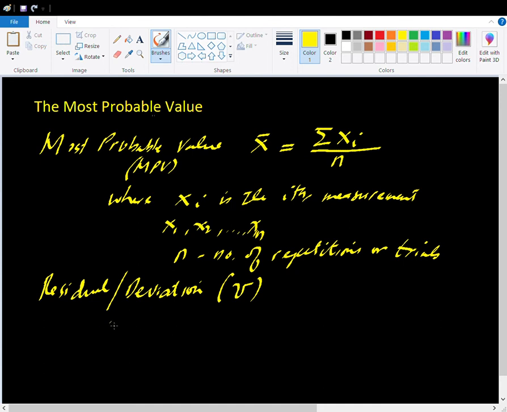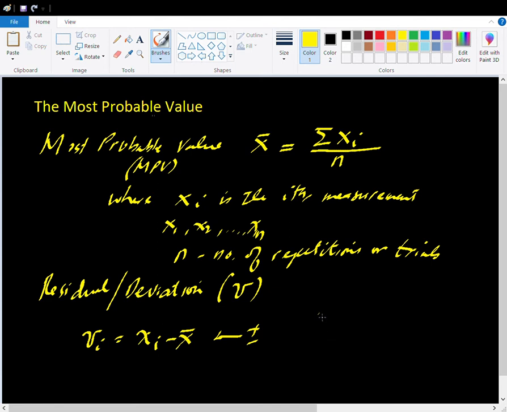So for the ith measurement, the residual is simply the difference between xi and the most probable value. So you will be getting here a value that is either positive or negative.